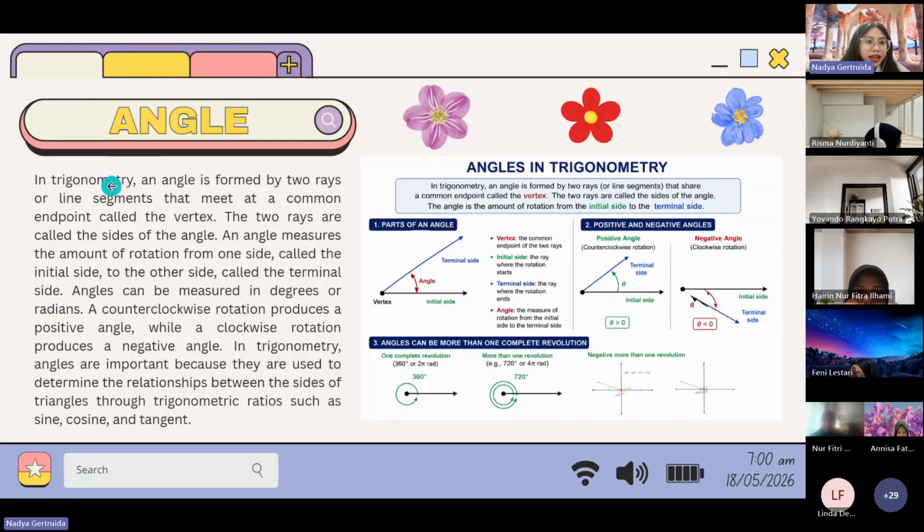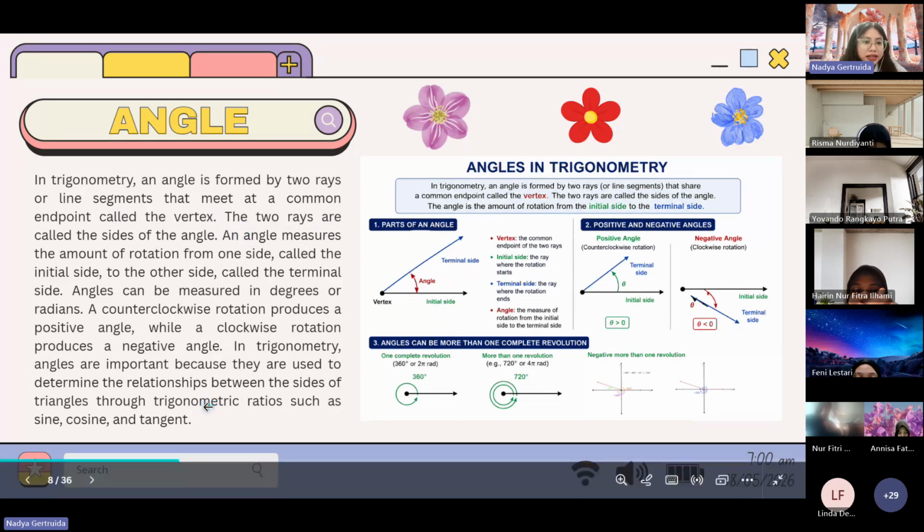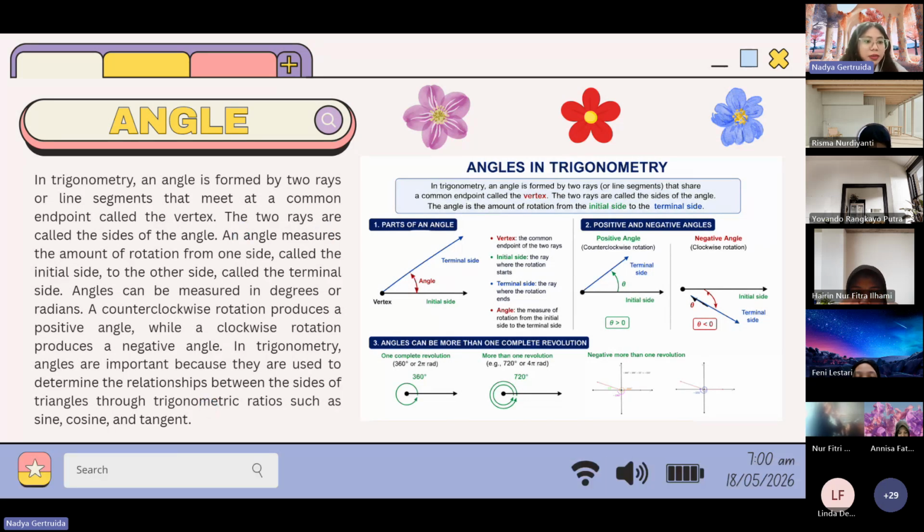In trigonometry, an angle is formed by two rays or line segments that meet at a common endpoint called the vertex. The two rays are called the sides of the angle. The angle measures the amount of rotation from one side, called the initial side, to the other side, called the terminal side.